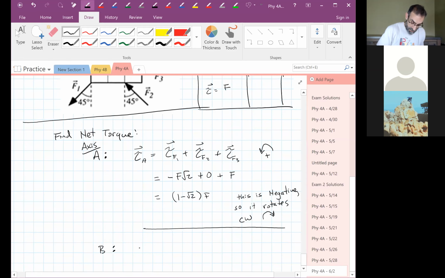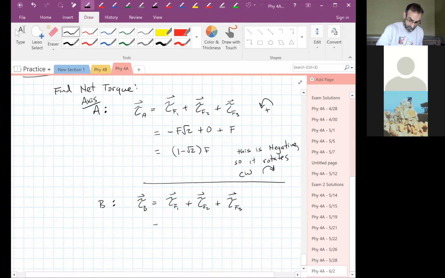So now we're finding the torque about axis of rotation B due to F1, F2, and F3. And I get a negative F root 2 over 2, positive F root 2 over 2, and 0.